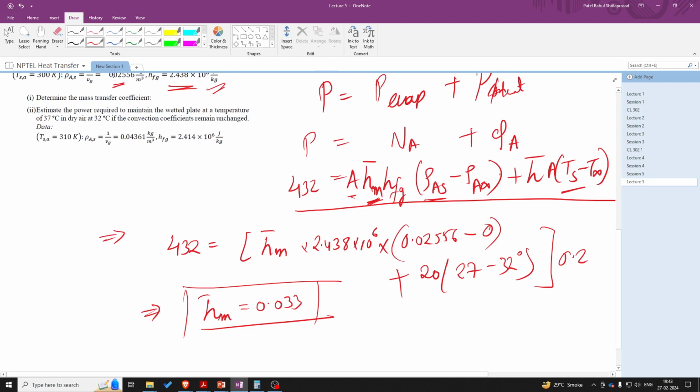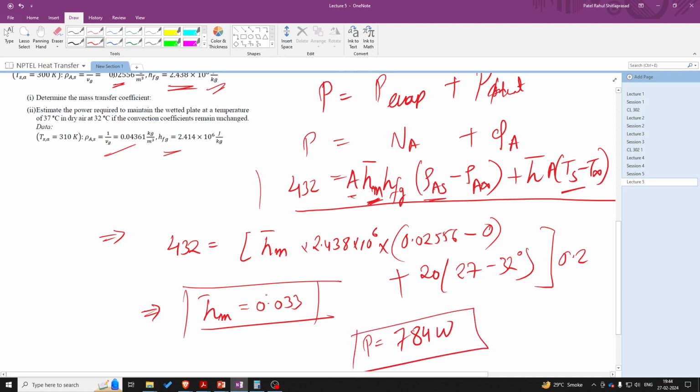Also, since the temperature of the wetted plate is changing, the concentration will change, and that has been given, as well as the enthalpy of evaporation will change, and that has also been given. So you can again put those values over here and calculate the power by using this equation. The power will come around 784 watt. You can try solving it on your own.